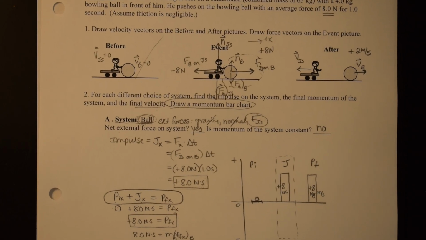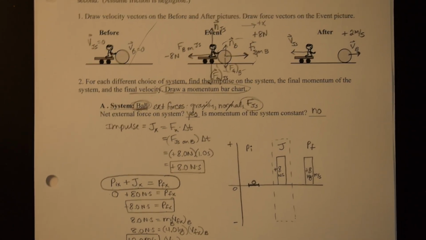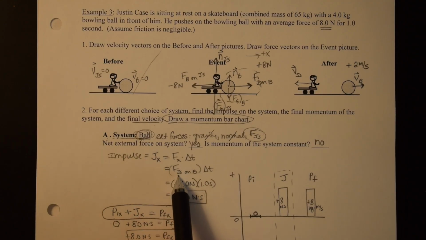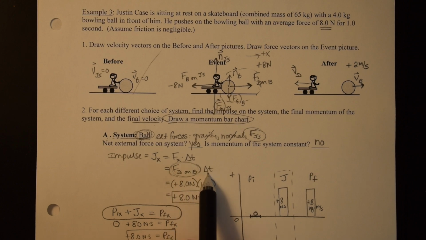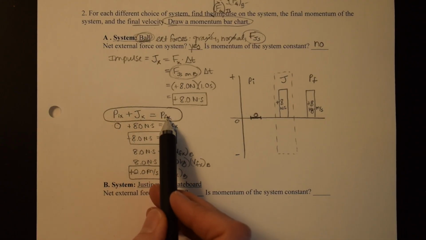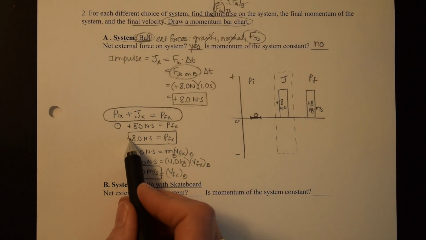What we found last time, just to review, was that the impulse on the ball was the external force on the ball, which was the force of Justin and the skateboard on the ball, times the time interval. So we got an impulse of +8. Using the momentum principle, we found that the final momentum of the ball was +8 newton seconds.